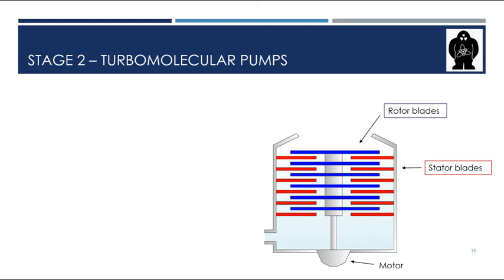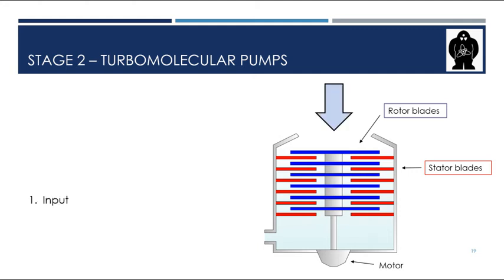For example, nitrogen, the main component of air, has a mean thermal velocity of about 470 meters per second. To have some influence on the molecule, the rotor blades must rotate at speeds of the same order of magnitude as the molecules. So the rotor blades of a smaller turbomolecular pump can rotate at 300 meters per second, which is very fast.